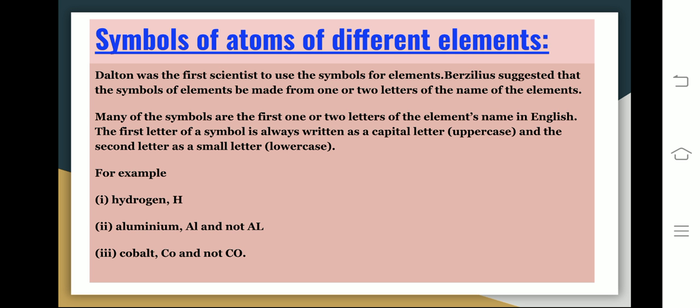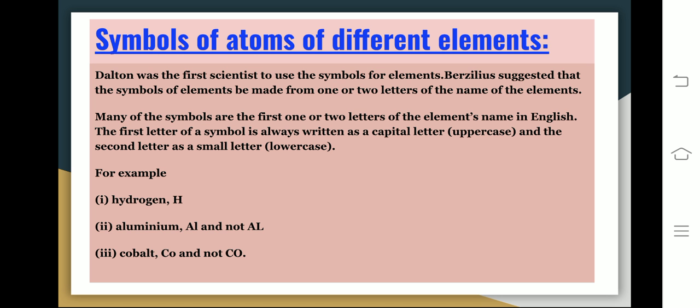Nowadays, IUPAC, that is the International Union of Pure and Applied Chemistry, approves the names of elements. Many of the symbols are the first 1 or 2 letters of the element's name in English. One thing that you should remember is that the first letter of a symbol is always written as a capital letter, that is, in uppercase, and the second letter is always written in lowercase.